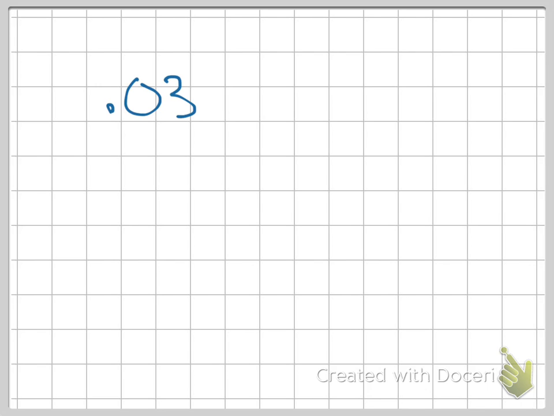Let's take a look at something like 1 and 2/5. And let's take a look at something like 0.250. Now, a lot of people will just look at this and they'll see the 0.250, or 250 thousandths, and they'll assume it's the biggest one because it has the most numbers. But we'll see that that's not necessarily the case.